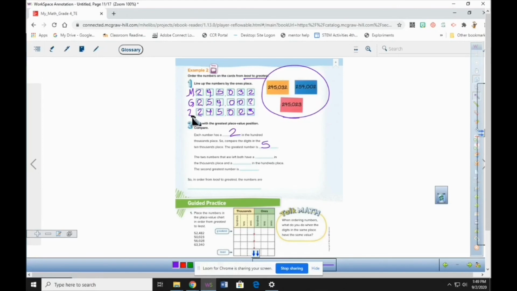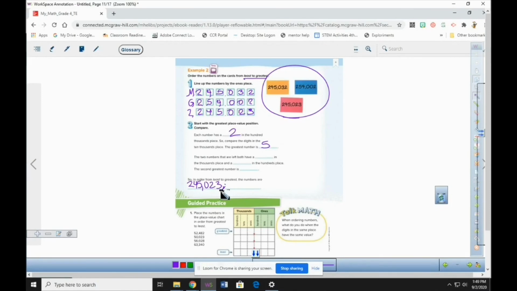So rewriting these numbers, least to greatest, 245,023. Then I'm going to put a semicolon between there.